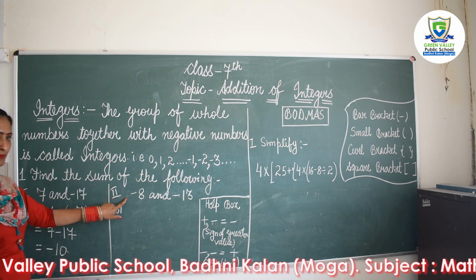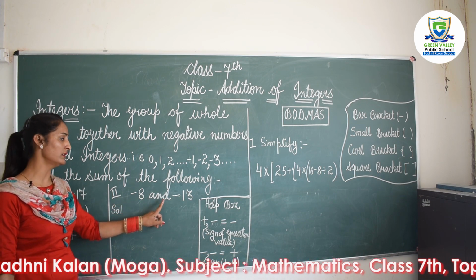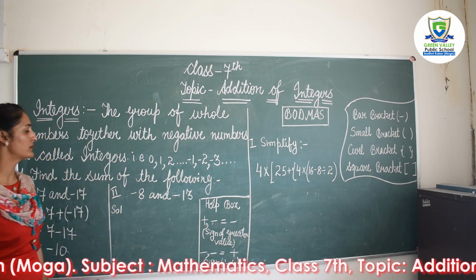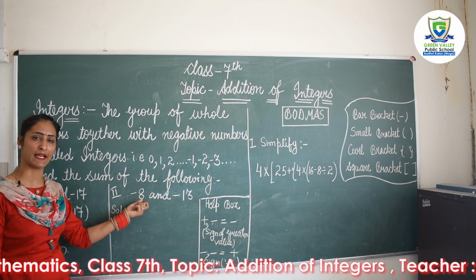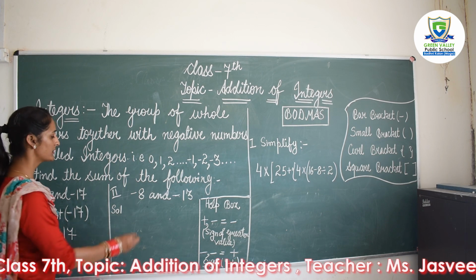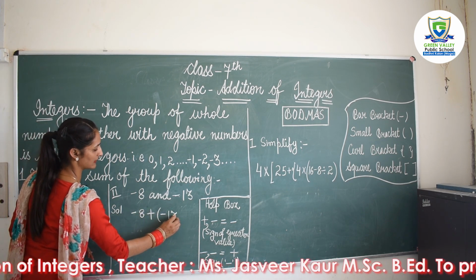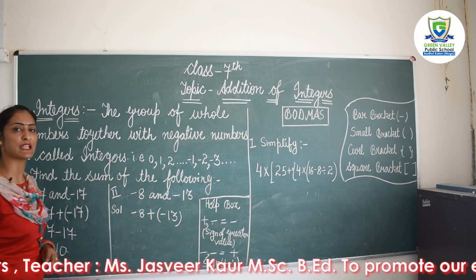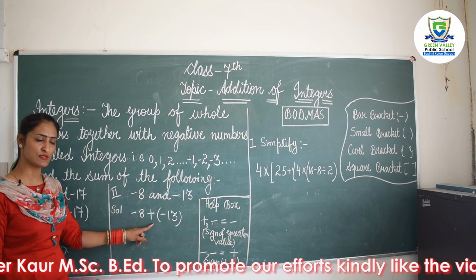Check your second sum. The statement is -8 and -13. So both numbers are negative. First thing, replace this 'and' with a positive sign. So you will write -8 plus -13. This is your step 1, and in step 2 you will merge these two signs.